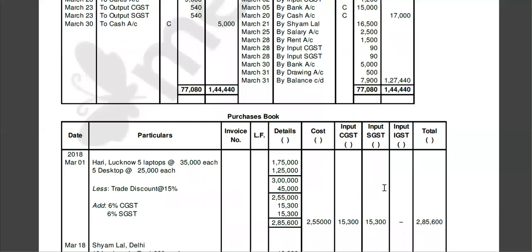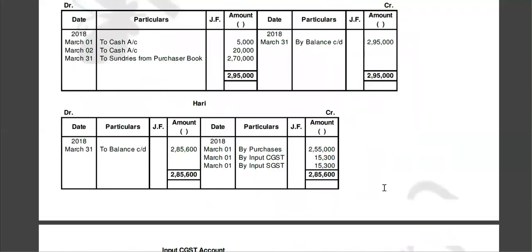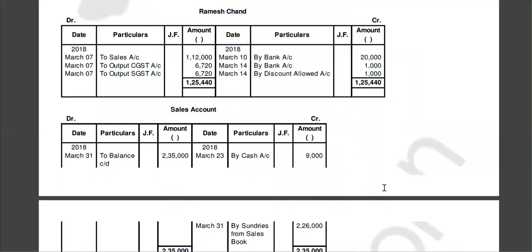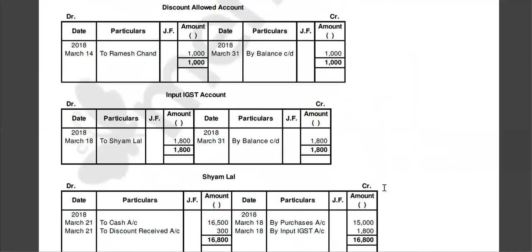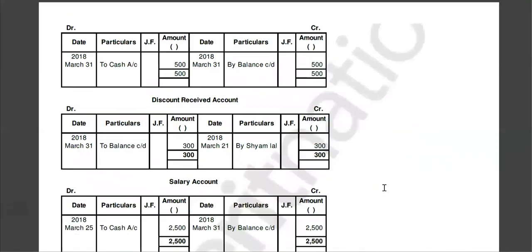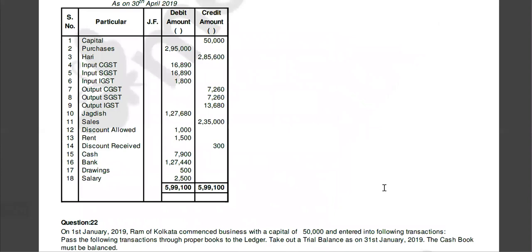So opening balance means it is ready to spend this money. So cash 7,900 and bank 1,27,400. It is very easy to transfer to the trial balance place.